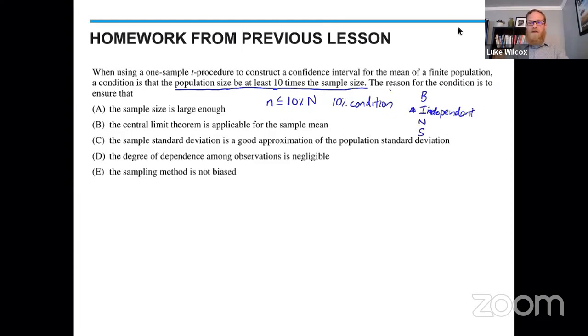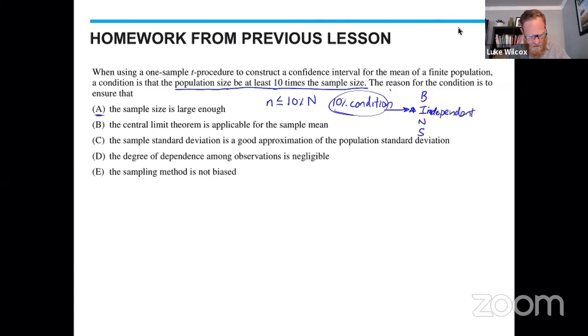And what we said here was that if you are sampling without replacement, then we have to check the 10% condition to be sure that one trial is independent of the next trial. In other words, knowing the outcome of one trial does not change any probabilities or give us any information about the next trial. So we know that the 10% condition has something to do with this idea of independence between the trials.